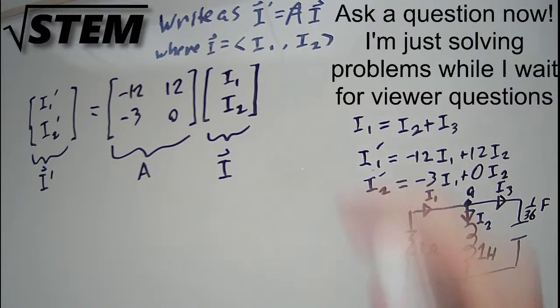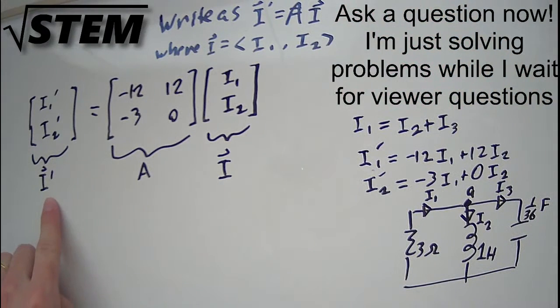So there is, as it wanted, I prime equals A times I. Okay, what's next? Find e to the tA.